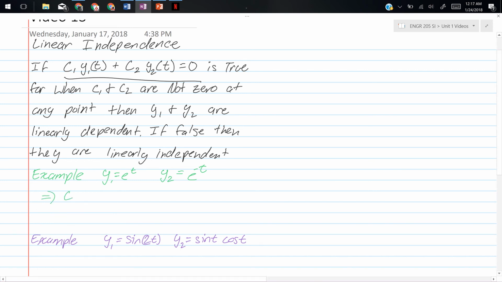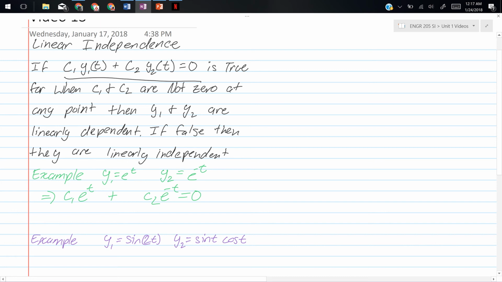And so the whole goal here is to see whether or not I can solve for c1 or c2 in terms of coefficients that vary from them, meaning that I'm able to combine them with like terms. So c1 y1 being e to the t, plus c2 y2, which is e to the negative t, equals 0.